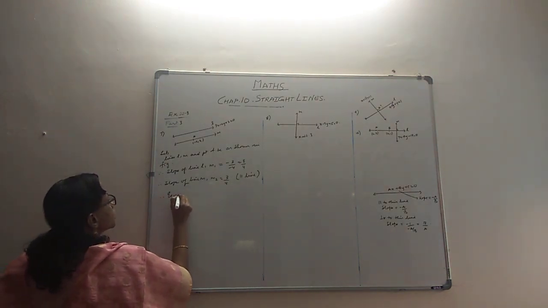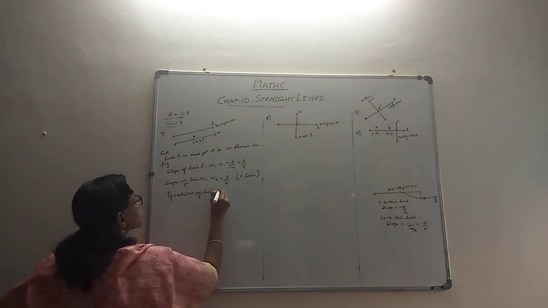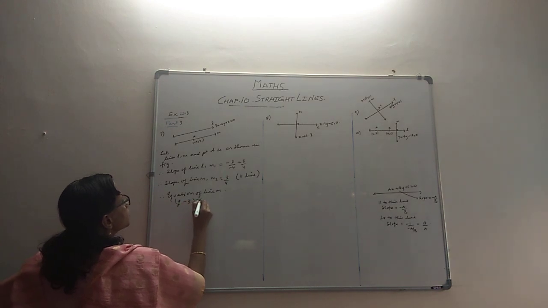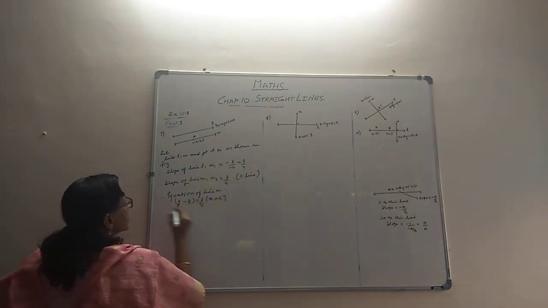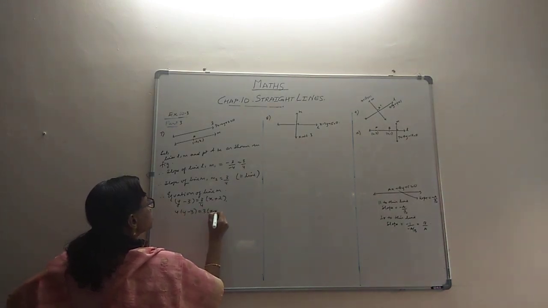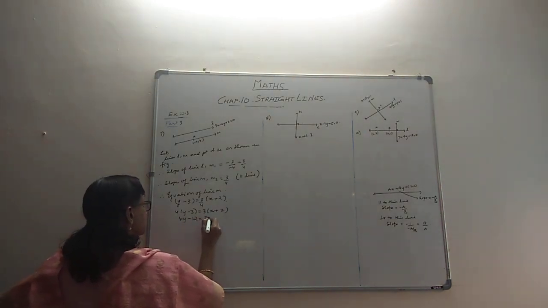Therefore equation of line M, because you already know its point and you know the slope now, is y minus y1 equal to m times x minus x1. Take the 4 on the other side. 4 times y minus 3 is 3 times x plus 2. So you have 4y minus 12 equal to 3x plus 6.